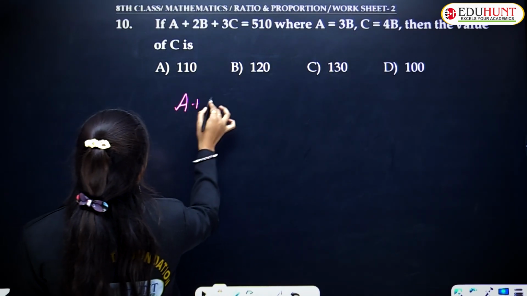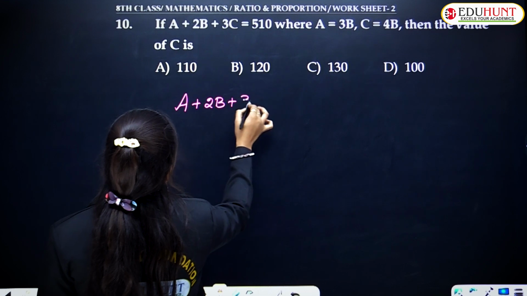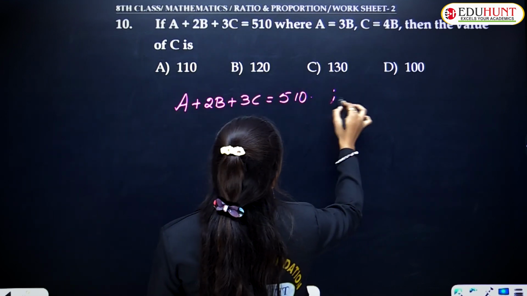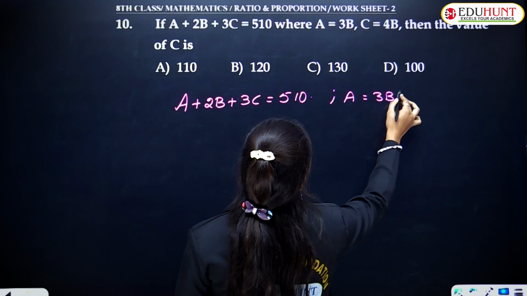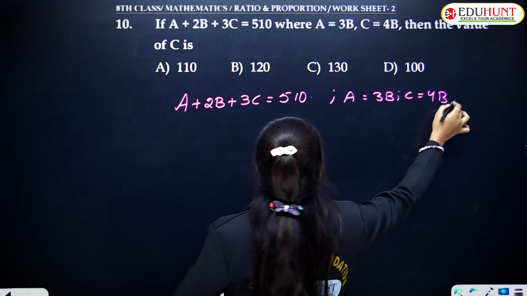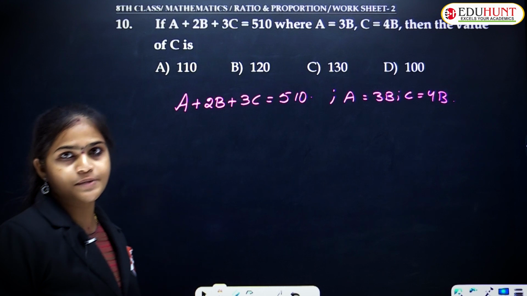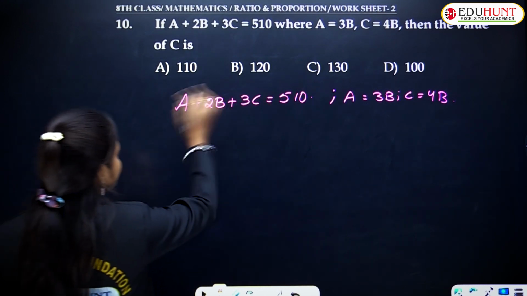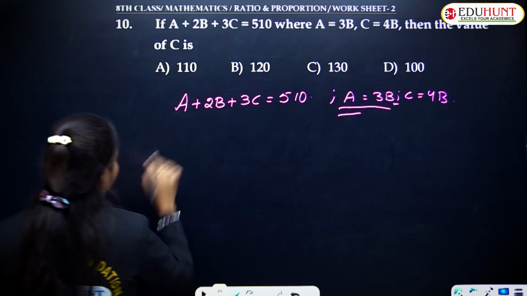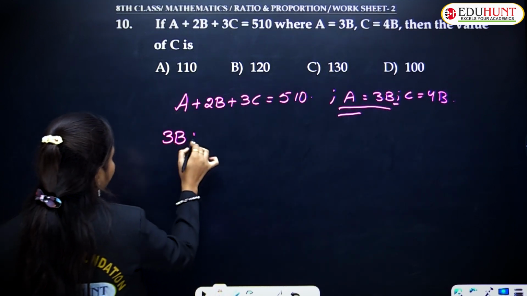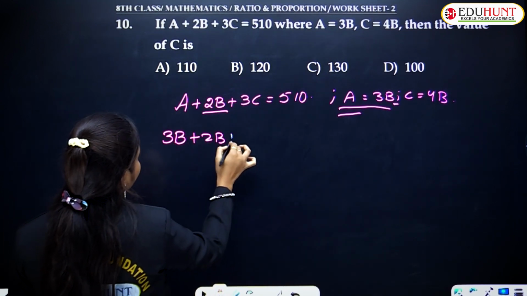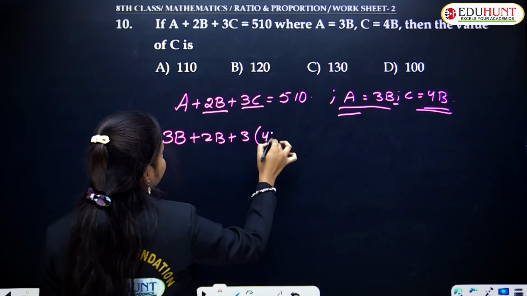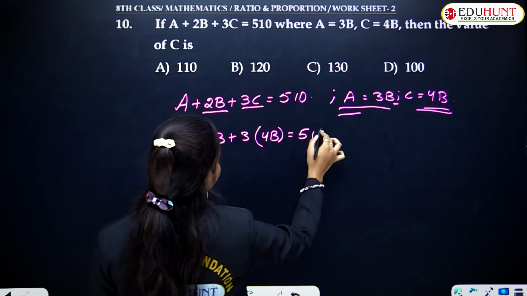What is given? A plus 2b plus 3c is equal to 510, where A is equal to 3b and C is equal to 4b. So children, this is just related to substitution only. So the substitution method is easy, so it is better to write the substitution method. So A is equal to 3b, so 3b plus 2b plus 3 into C, which is 4b, is equal to 510.